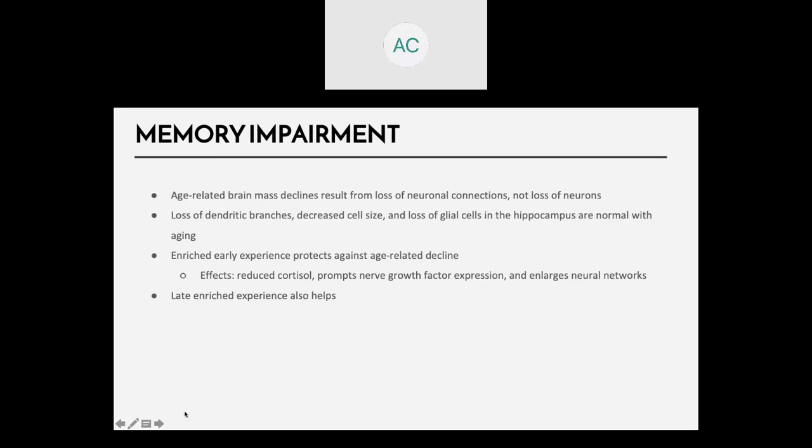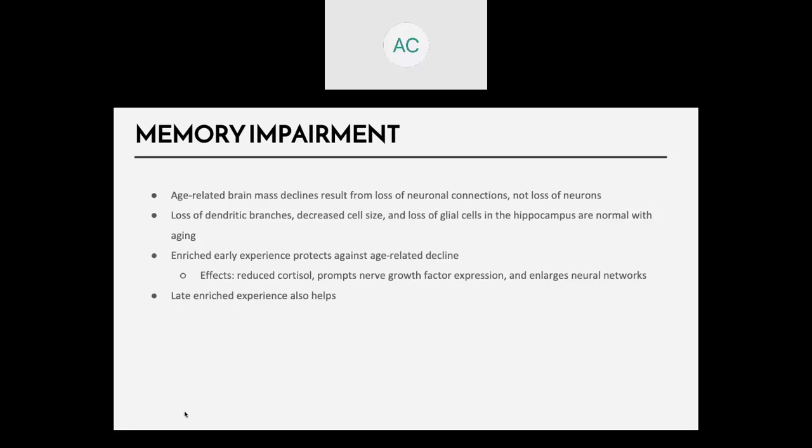So a little bit about memory impairment. Age-related memory impairment is totally normal, and it starts occurring actually around your mid-20s. Age-related brain mass decline doesn't actually result from the loss of neurons as much as the loss of neural connections. And as was said earlier, that really is the basis of memory.